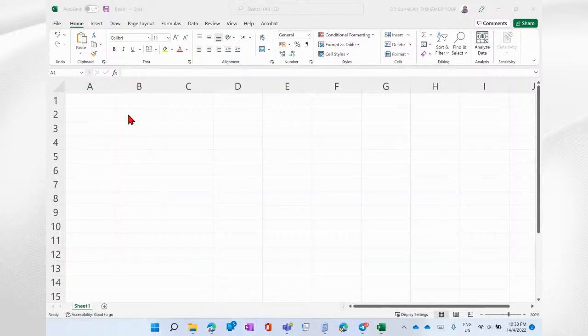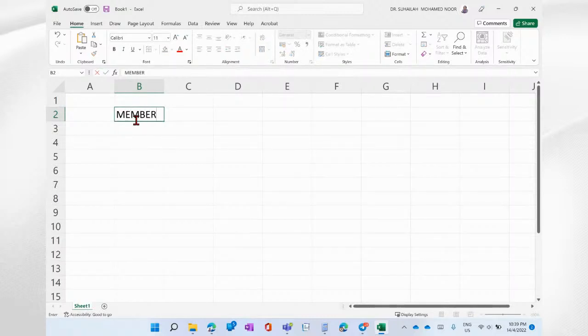So we will create a table to calculate member end moment easily, because the process is repetitive and easy to implement in the computer, in Excel. We start with the list of members.